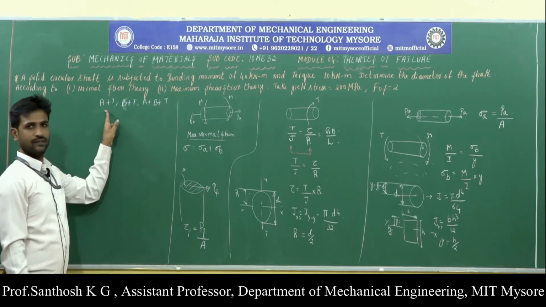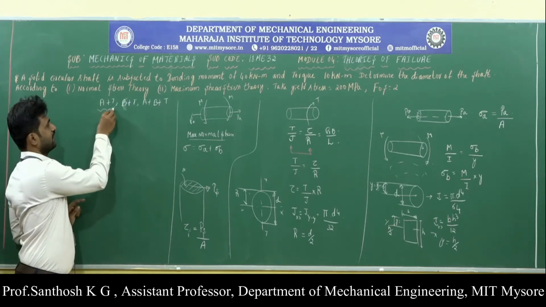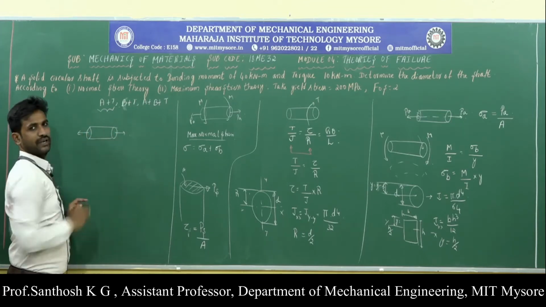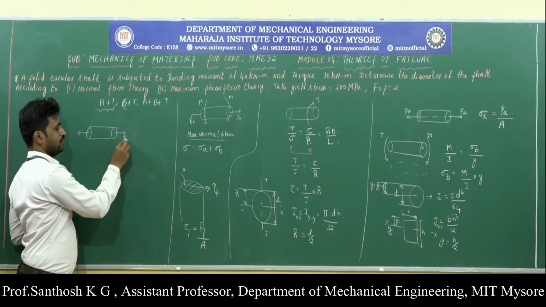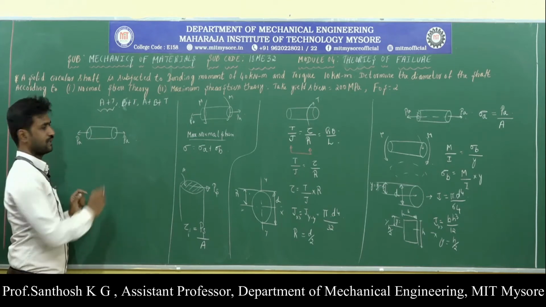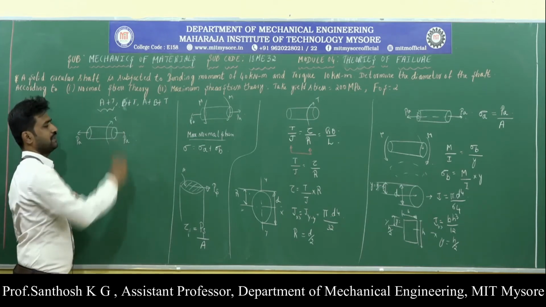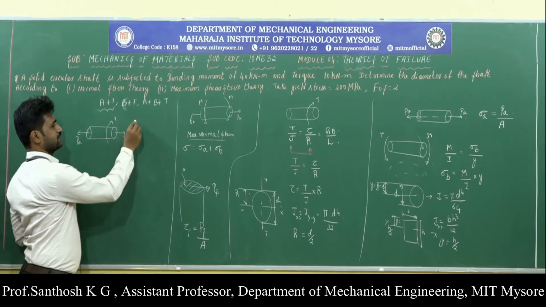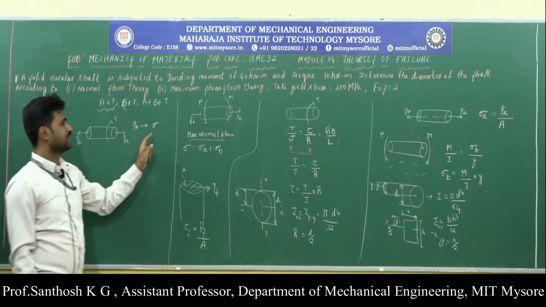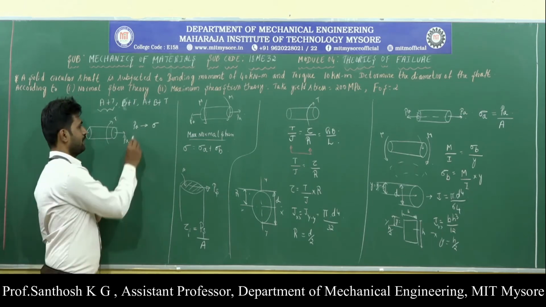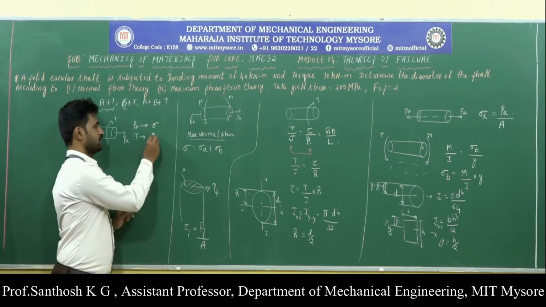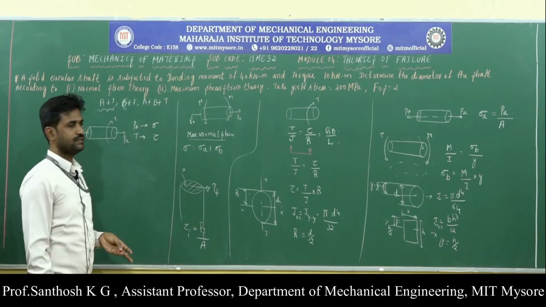Suppose I consider the first condition, that is, a given member is subjected to a combination of the axial load, let us say it is P suffix A, and also it is subjected to a torsion T. Because of this axial load, the type of stress induced in the member is a normal stress, and because of the torsional load, the type of stress that will be induced in the member is tau.